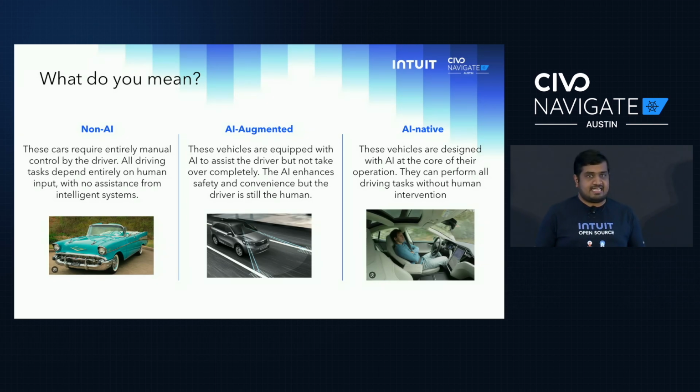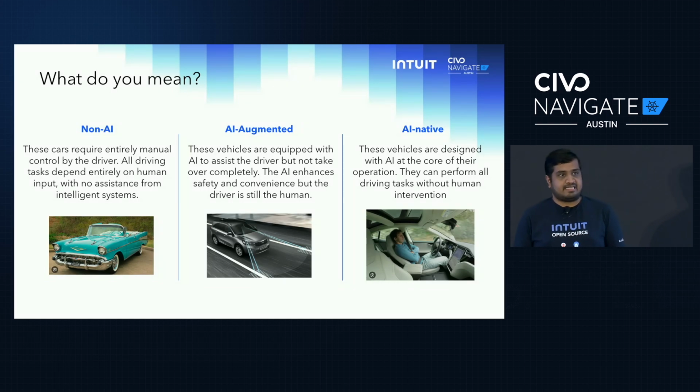Today, we are in this AI-augmented car journey, where, not the Waymos, but the cars you own probably have some sort of ADAS, a driver assistance system, so you don't need to accelerate, or it keeps you in your lane, or you don't have to switch gears. They're all automatic. And then AI-native cars are things that we haven't seen yet.